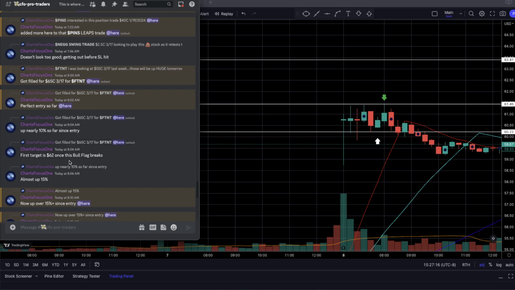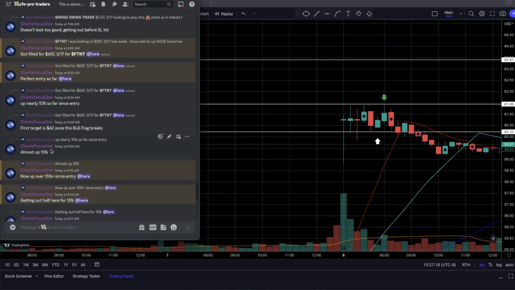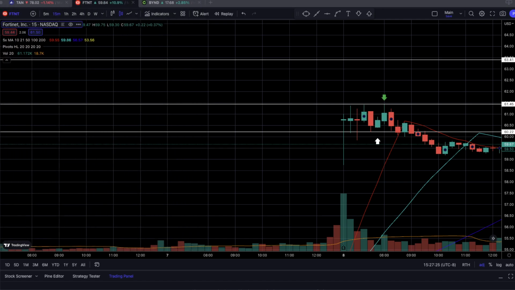And as the price continued to go up higher, we were at 15%. However, this 15% return happened to be at 61.45, and the high of this candlestick was 61.44. So basically, we had hit this level of resistance by a difference of 1 cent.